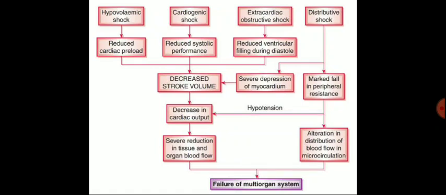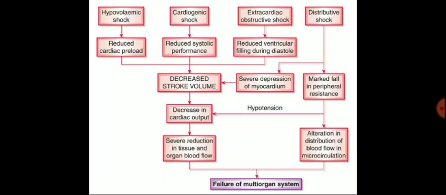When we see all the different types of shock: hypovolemic shock, cardiogenic shock, extracardiac obstructive shock, or distributive shock. In hypovolemic shock, there is reduced cardiac preload and reduced ventricular filling during diastole.